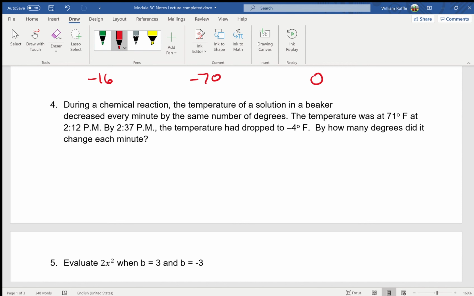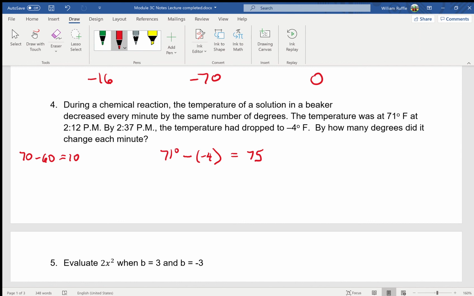Well, first of all, how many degrees did it change overall? If we went from 70 degrees down to 60 degrees, that's a 10-degree change, isn't it? So I have to subtract these two numbers. We're starting at 71 degrees, and we're subtracting negative 4. So when I type this out, this is really a 75-degree change.